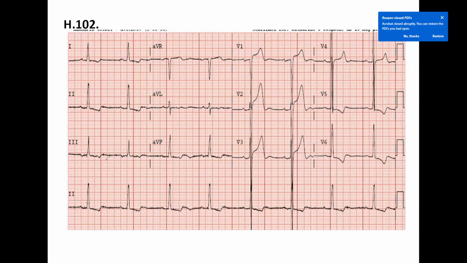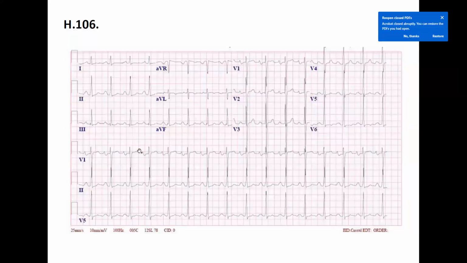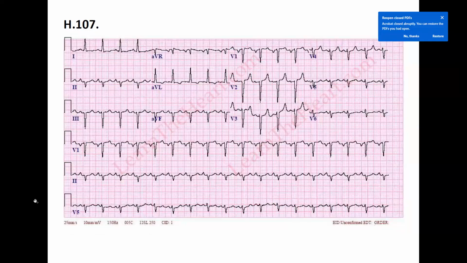Which number should I do, 102? Didn't we just do 101, 102? Oh, I'm sorry, 107. You are right, because I'm looking at my iPad to see which one should be the next one. Yes, 107. I'm sorry. Okay, 107.